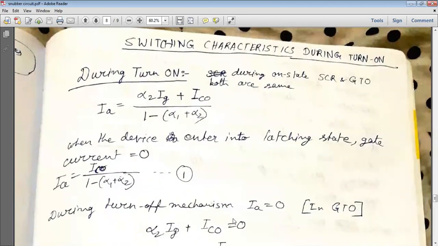Now the switching characteristics of turn on. During turn on state, SCR and GTO are both the same. Here the anode current is (alpha 2 Ig plus ICO) by (1 minus alpha 1 minus alpha 2). When the device enters into latching state, the gate current equals 0, and so Ia equals ICO by (1 minus alpha 1 minus alpha 2).